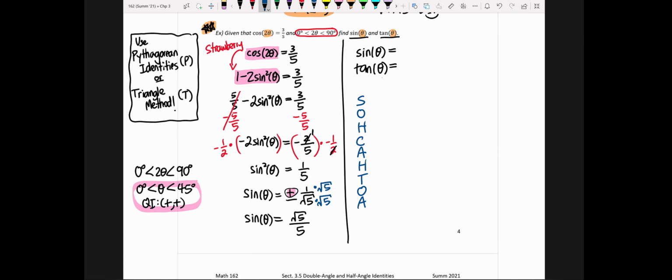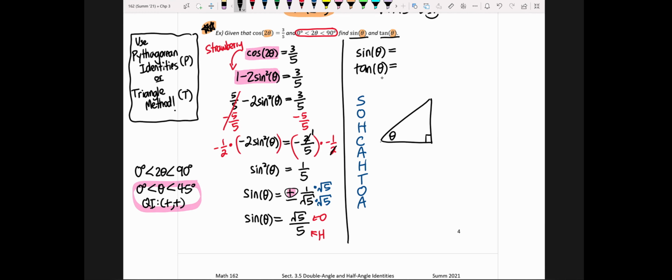Okay, so remember that sine is the ratio of opposite to hypotenuse. Let's draw in the right triangle here. It doesn't have to be drawn to scale. The reason why we don't need a reference angle is because theta is in quad 1.